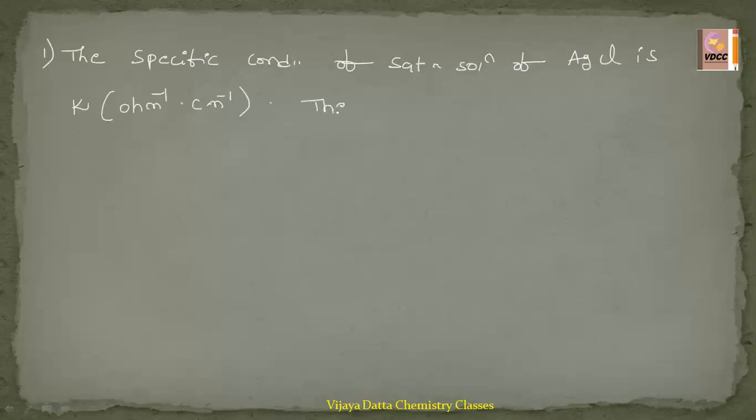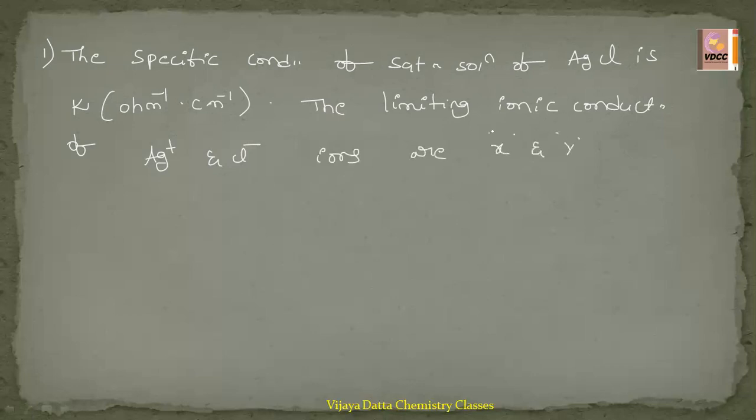The limiting ionic conductances of Ag plus and Cl minus ions are X and Y respectively.